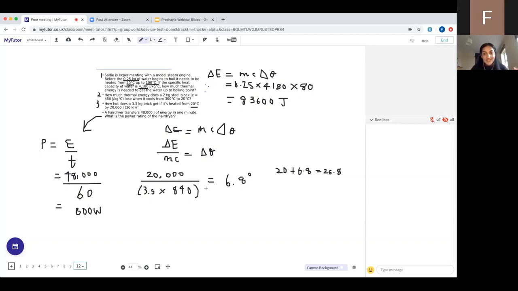So they changed GCSEs in 2016, but they kept their A-levels the same. But what the GCSE people did is take some content from the A-level and put it into the GCSE. So this whole thing about equals mcΔθ is taken from the A-level. So they've done that to make the transition much easier for you. So I would say that it's definitely easier now than it was before.